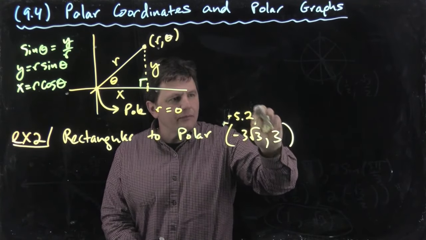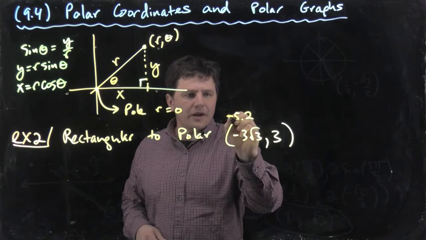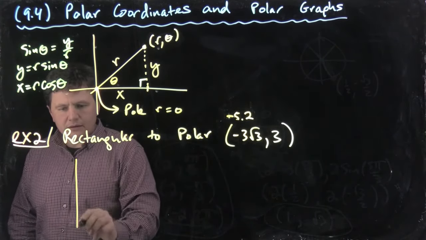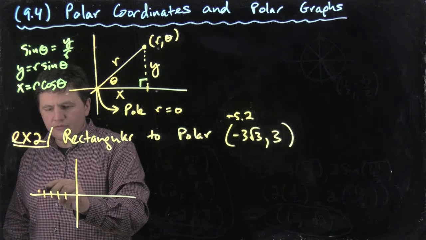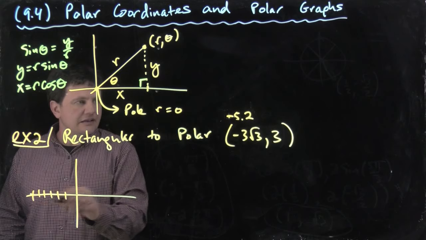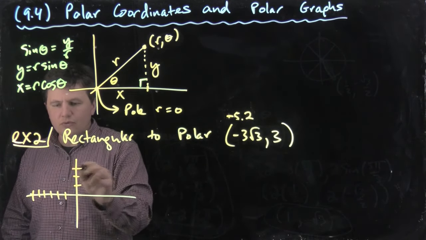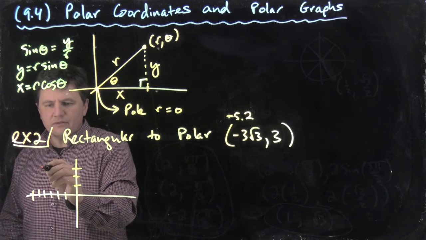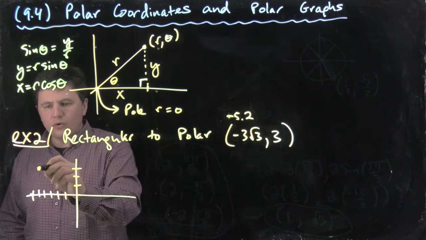As I talked about, when it comes to rectangular, there's only one way to describe any point. So 1, 2, 3, 4, 5, and that's 6. And then we go 1, 2, 3. So this point is closer to 5 and 6, and that is our rectangular coordinates.